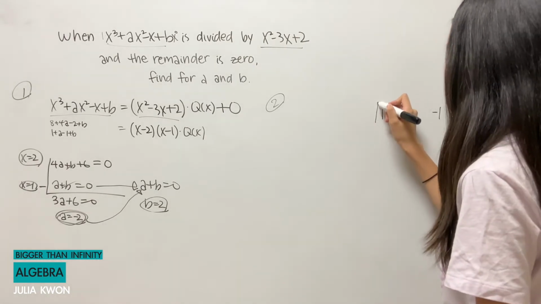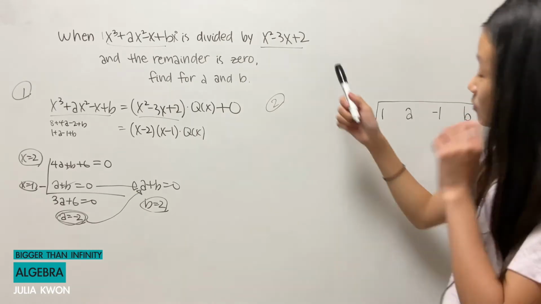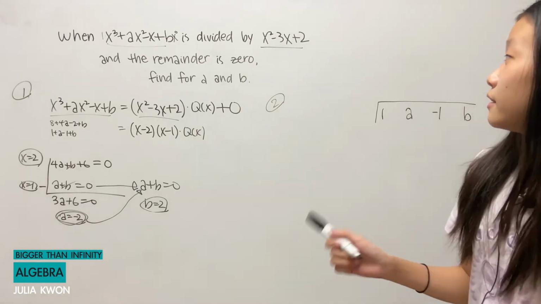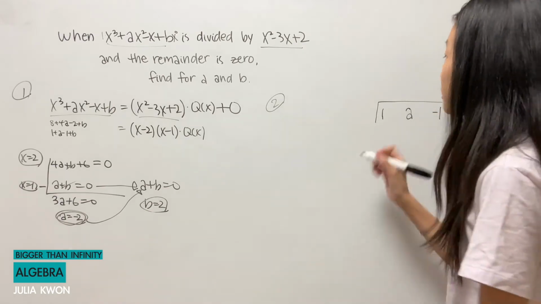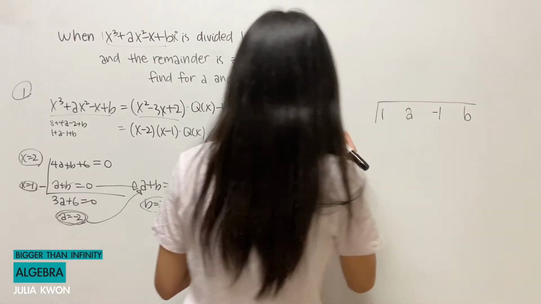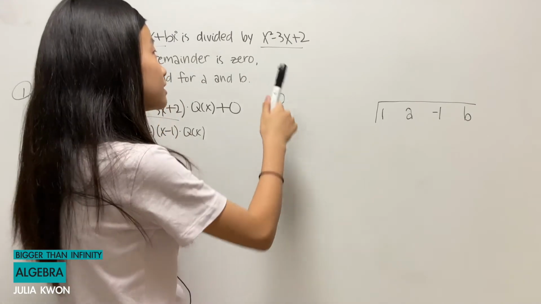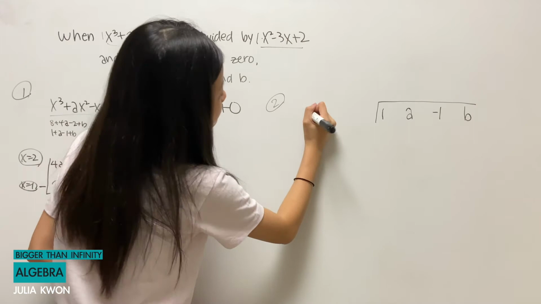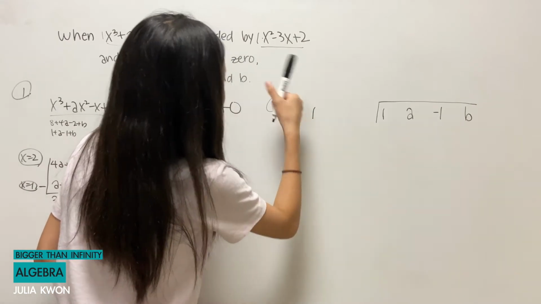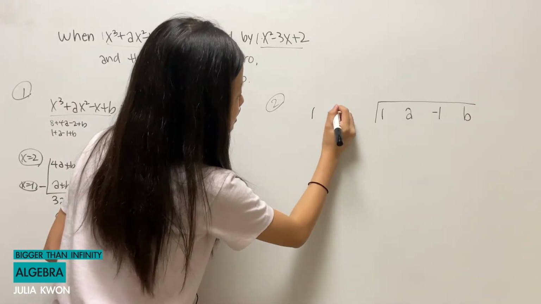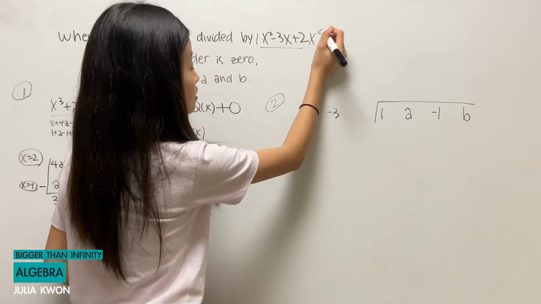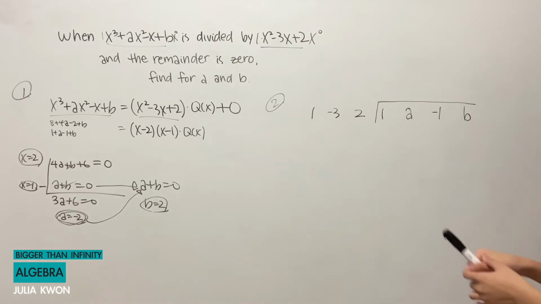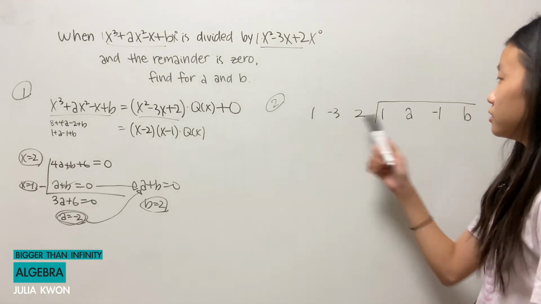And we're going to divide it by x squared minus 3x plus 2, but again, we're going to write everything without the variable x. So the constant of x squared is the invisible 1 in front of it, 1, and the constant for x is negative 3. The constant for x to the power of 0 is 2. Just like you would normally do division, we're going to just divide.